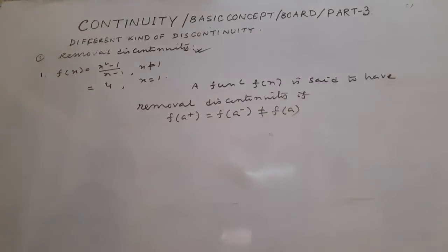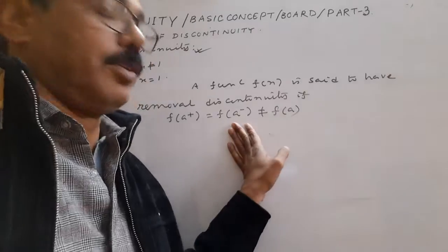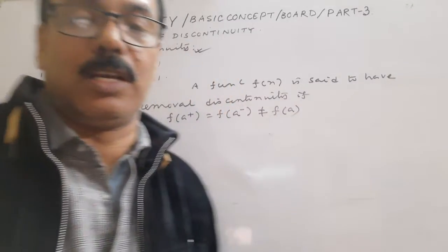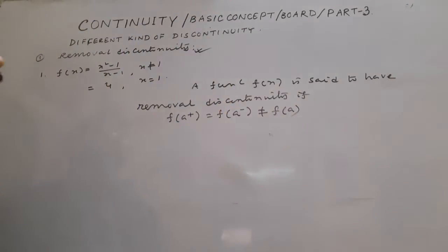So the right hand limit equals the left hand limit, not equal to the functional value. So this is our definition.